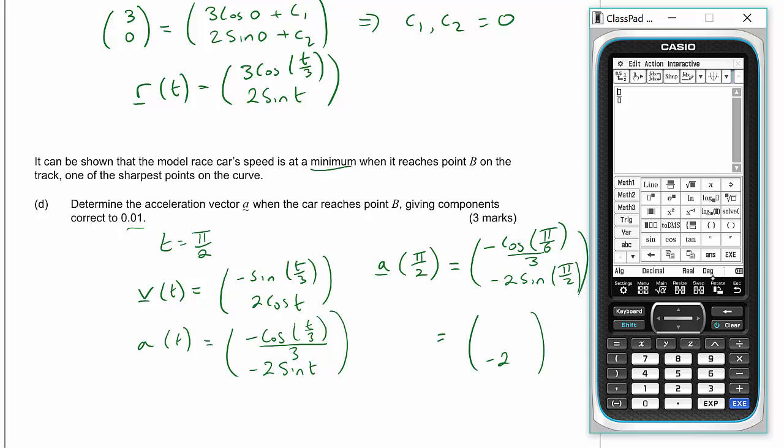We need to be in radians here. So we've got cos of pi by 6 divided by 3. We know it's negative of that, so negative 0.29.